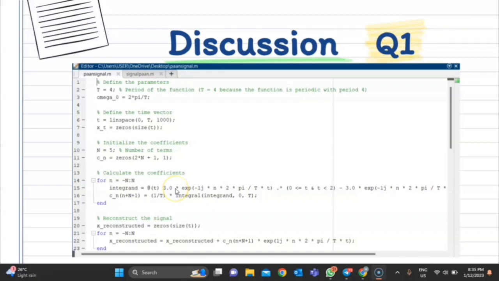We multiply it with the exponential formula from 0 to 2, and for the negative amplitude, negative 3, we multiply with the exponential formula from 2 to 5. And next, we construct the signal.